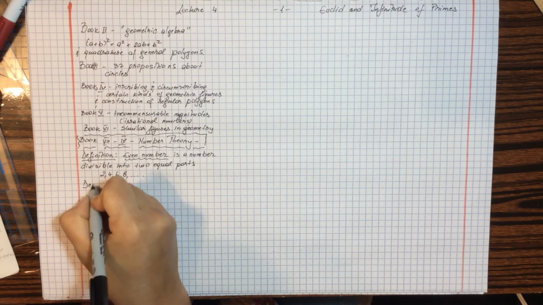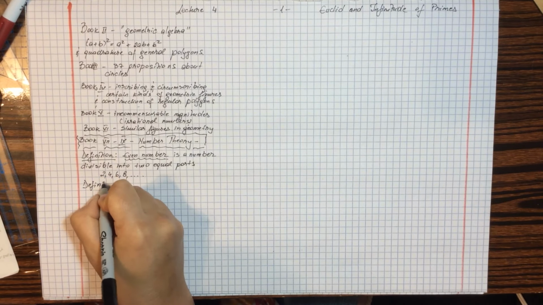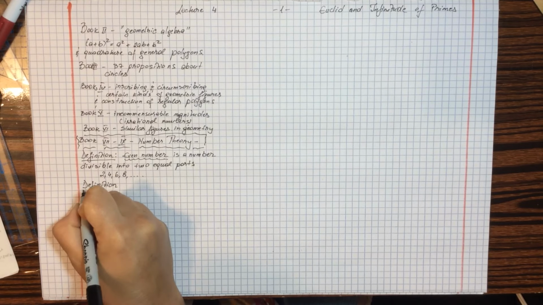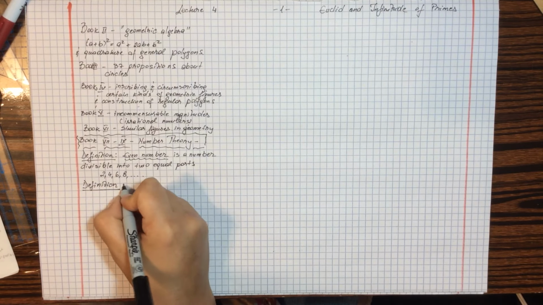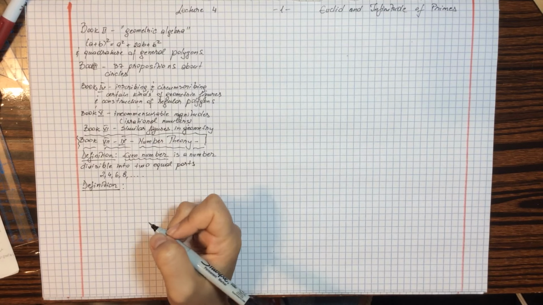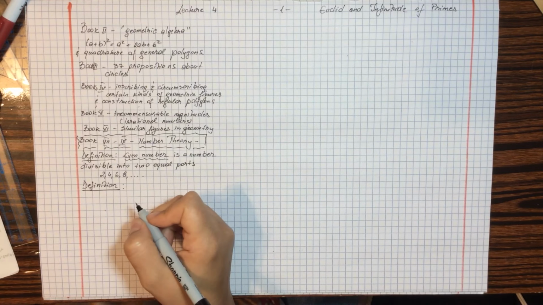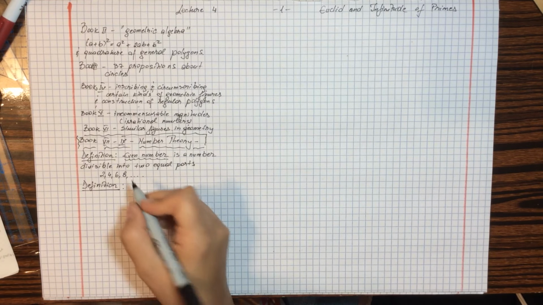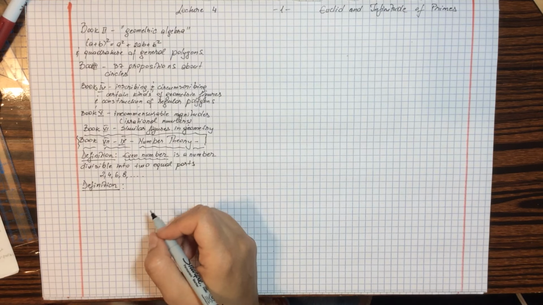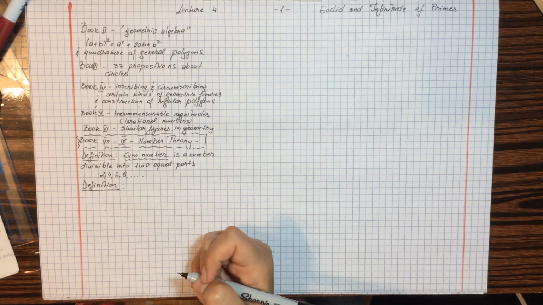Here's another definition. What did Euclid mean by an odd number? An odd number is a number that cannot be divided into 2 equal parts.